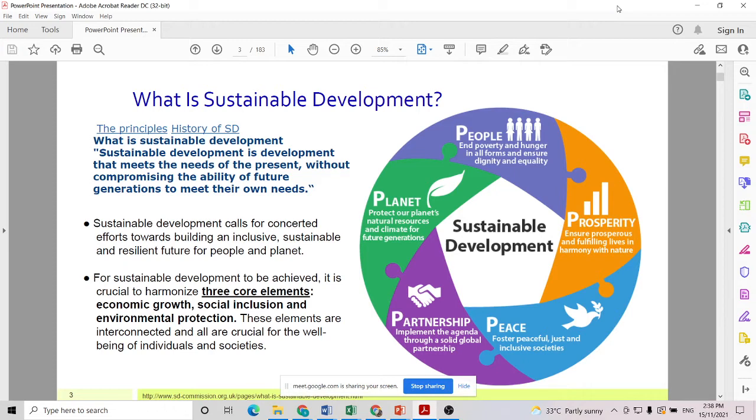When we talk about sustainable development, people are the main criteria: prosperity, including the people and also the animals, all living things, so they need to prosper; peace; partnership; and also the planet. If your sustainable development activities are good, they will bring great benefit to the planet.